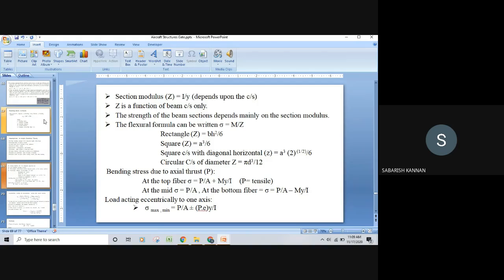P is the load, A is the area of the section, e is the eccentric distance in mm, y is the distance from the top layer or bottom layer to the neutral axis, and I is the moment of inertia.